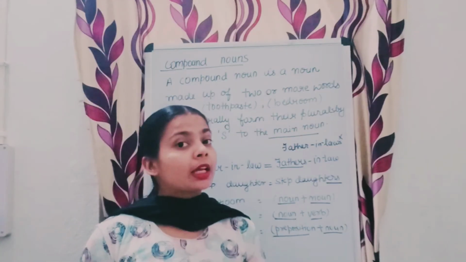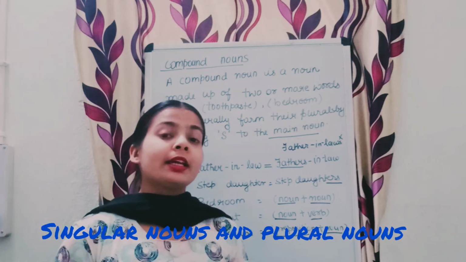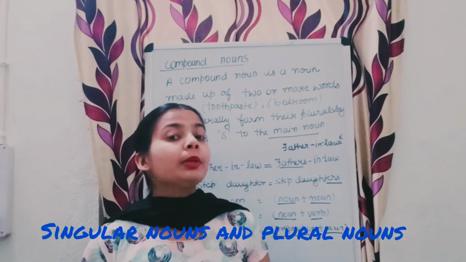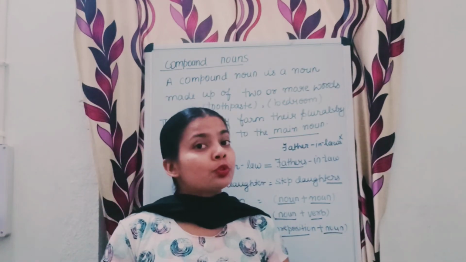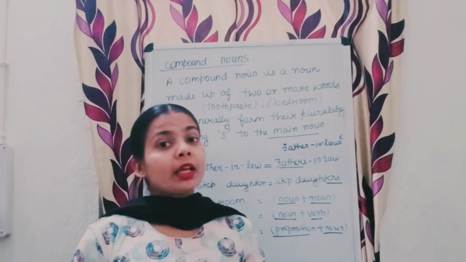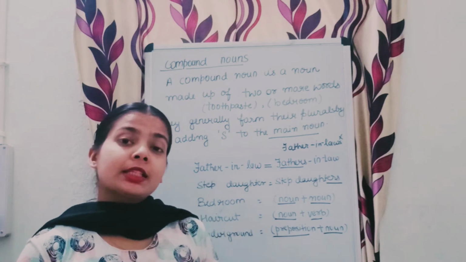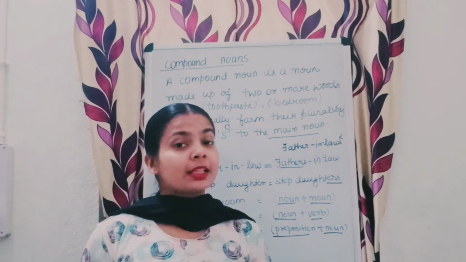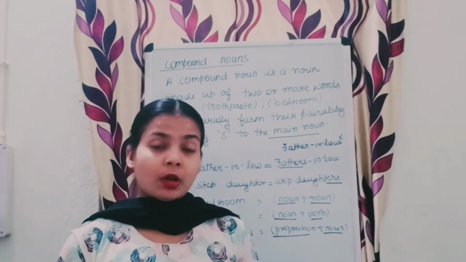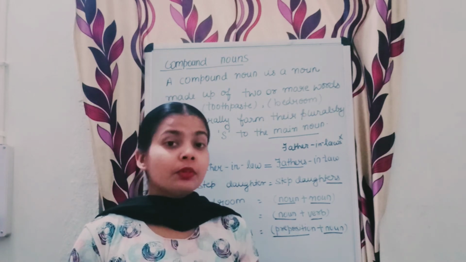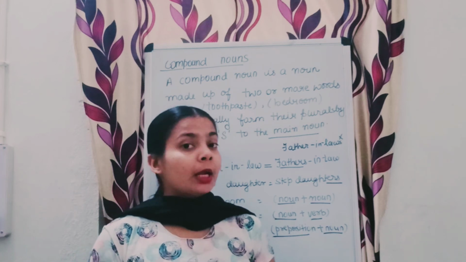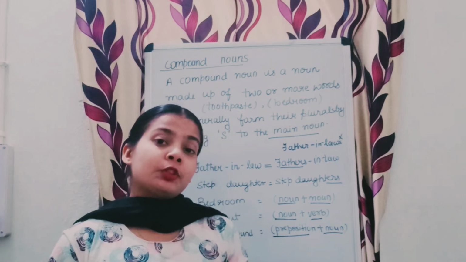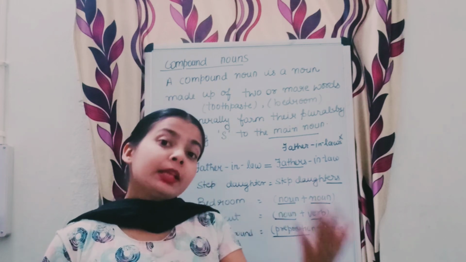Countable, which can be counted as the name suggests; uncountable, which cannot be counted; and compound means a combination or a mixture of two or more words. Countable nouns can be classified in two more categories, that is singular noun and plural noun. Singular nouns are those nouns which are one in number, and plural nouns are those nouns which are more than one in count.